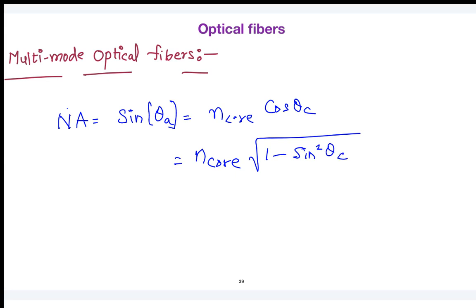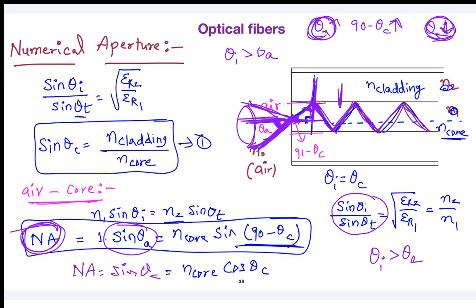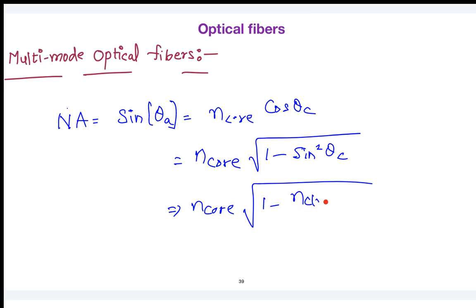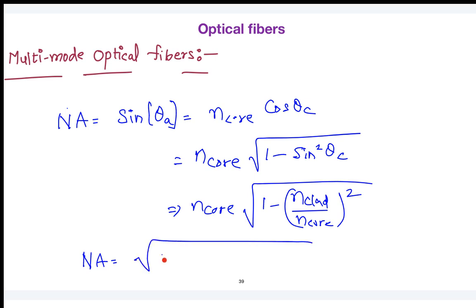We already defined what the critical angle is. So using that formula, 1 minus n cladding divided by n core, whole square. Okay, so the numerical aperture, you can simplify that, is root of refractive index of the core square minus cladding square.